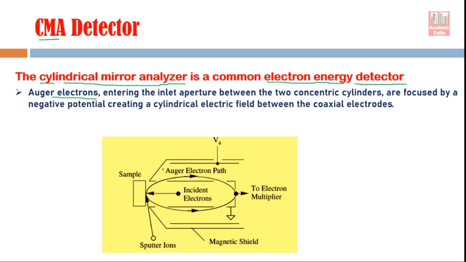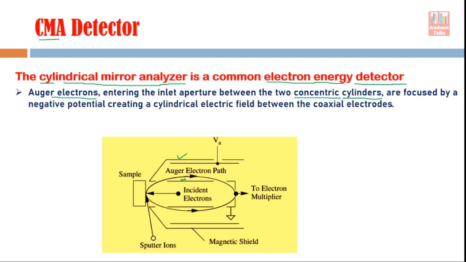What is it? It is a cylinder. Actually there are two cylinders of different diameter, and they are concentric cylinders. Concentric cylinder means their axial lines fall on the same imaginary line. So one cylinder has this surface, and the second cylinder is this part here.